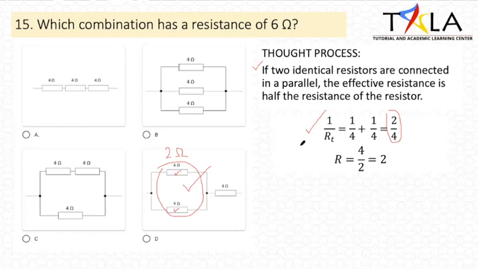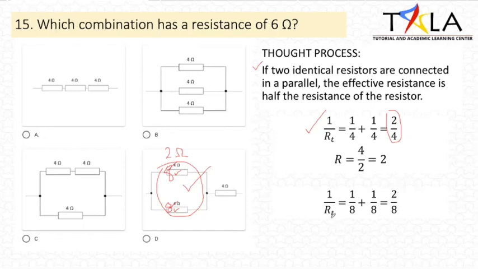Sige, magbigay pa ako ng isang example, ha? For example, hindi to 4. Kunwari, 8. Identical pa rin sila, pero 8 na yung resistance. Tignan natin, how? 1 over RT is equal to 1 over 8 plus 1 over 8.